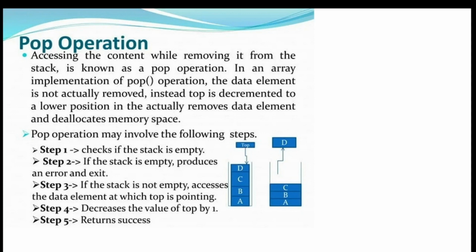Step 3, if the stack is not empty, X is the data element at which top is pointing. Step 4, decrease the value of top by 1 and return success.